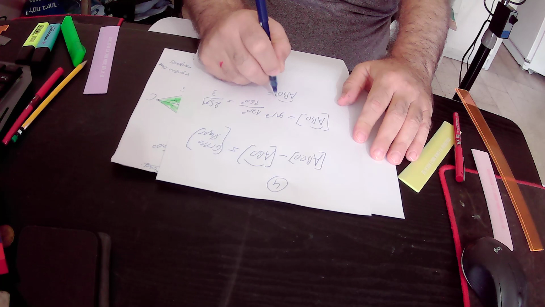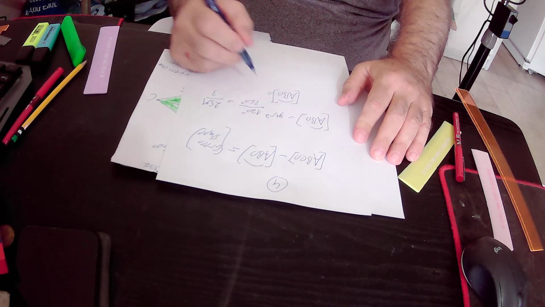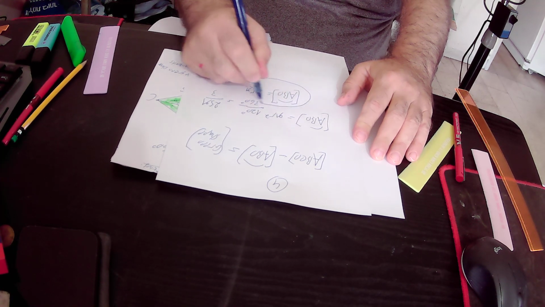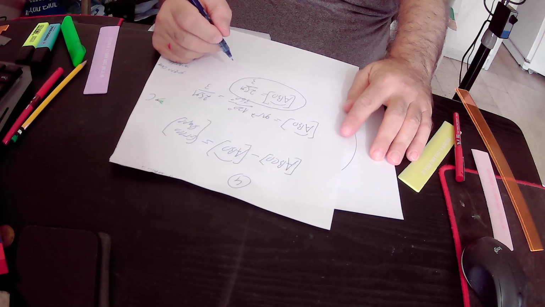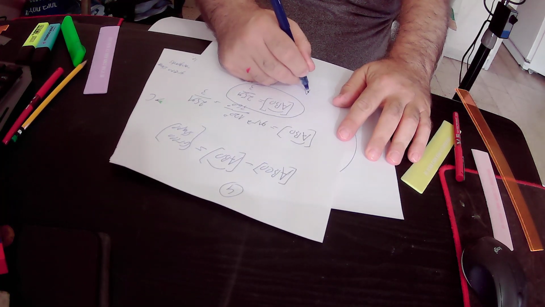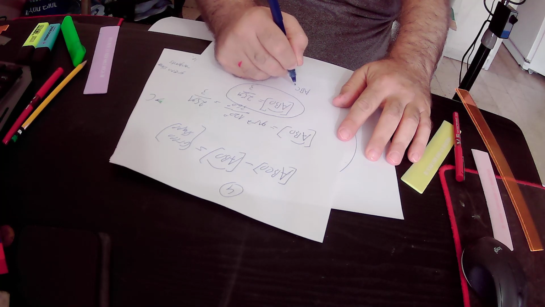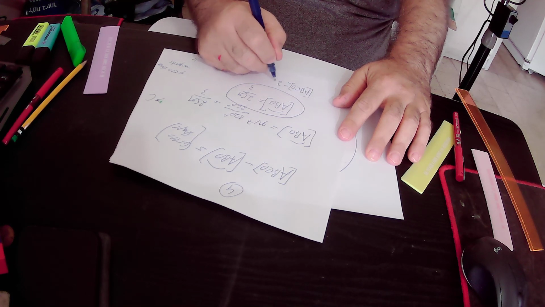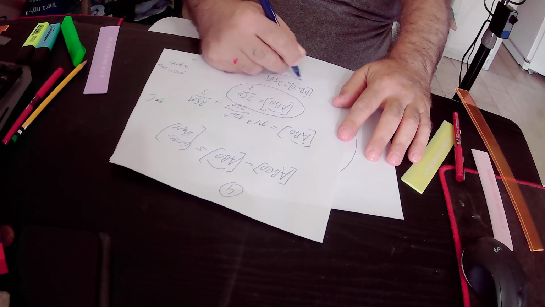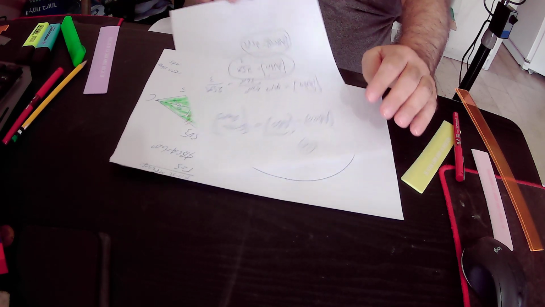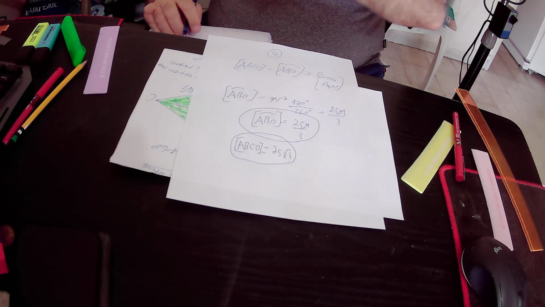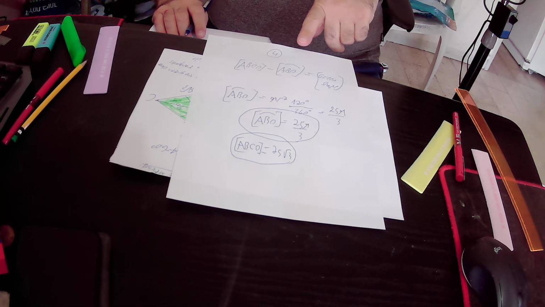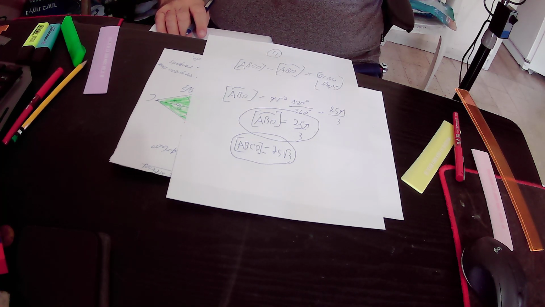So the area of sector ABO equals 25 pi over 3 square units, and the area of quadrilateral ABCO equals 25 times root 3 square units. So the area of quadrilateral ABCO minus the area of sector ABO will be equal to the area of the green shape.